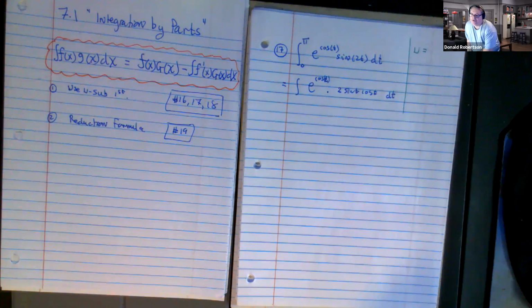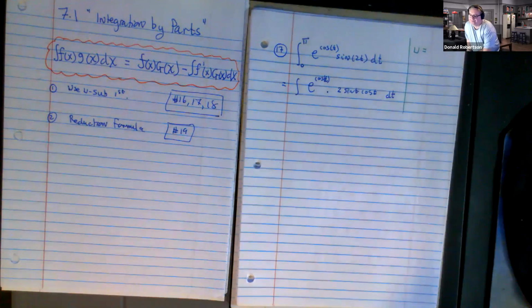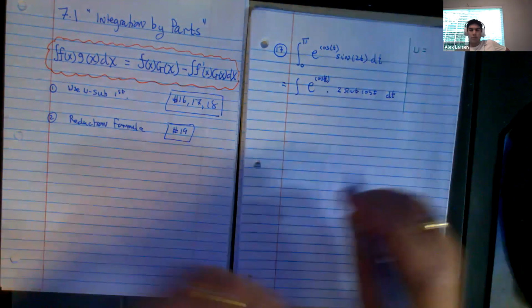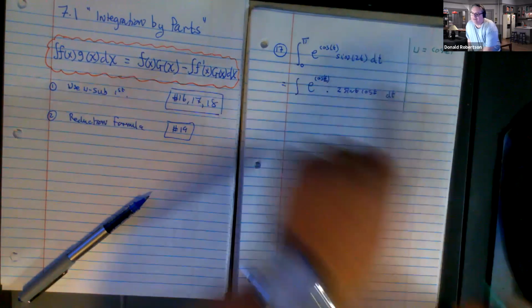Now, tell me a u sub, because we do have a u sub that works now. What u sub would you use on this integral? Cosine t? Yes. And I'm going to go for e to the ugly guy, use the ugly guy rule, right?